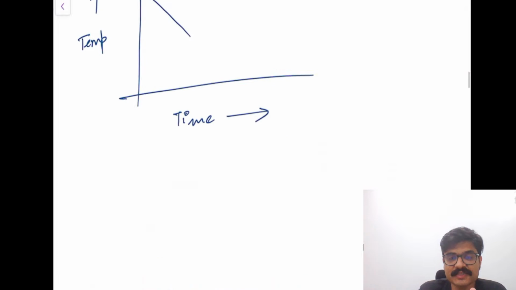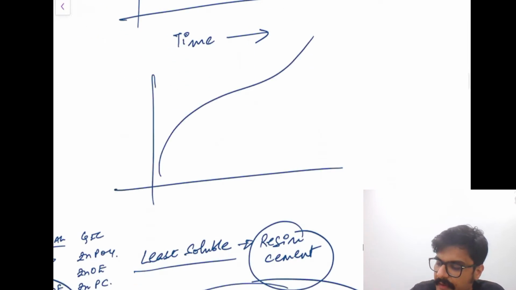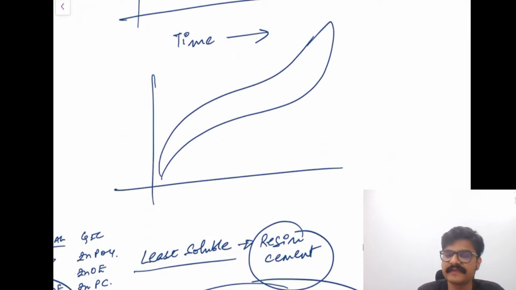You have the liquidus temperature, above which the entire alloy is liquid. Then you have solidus and liquidus, in between which you have partially solid. This is the time-temperature cooling curve of an alloy, in which this upper curve represents the liquidus, this lower curve represents the solidus, right?